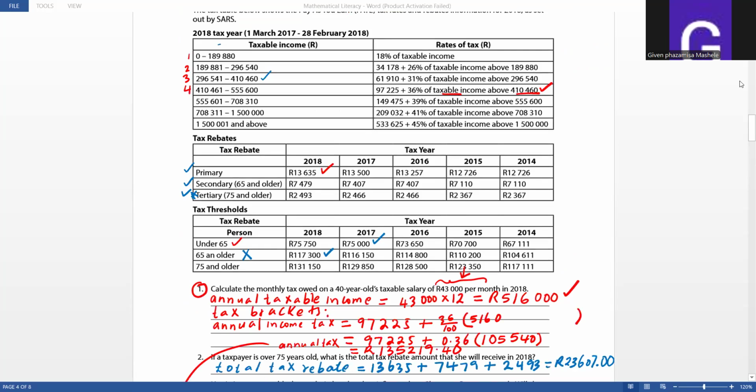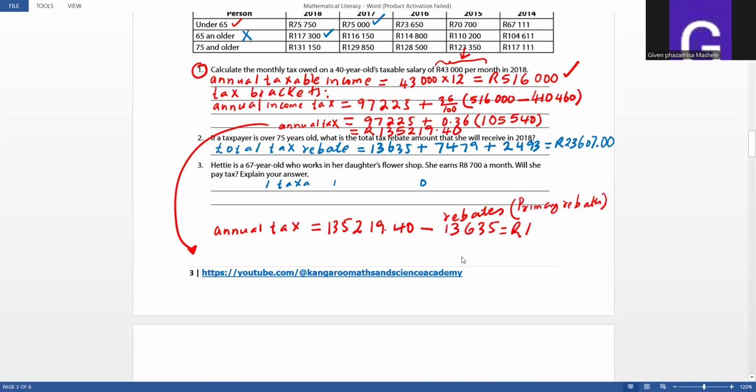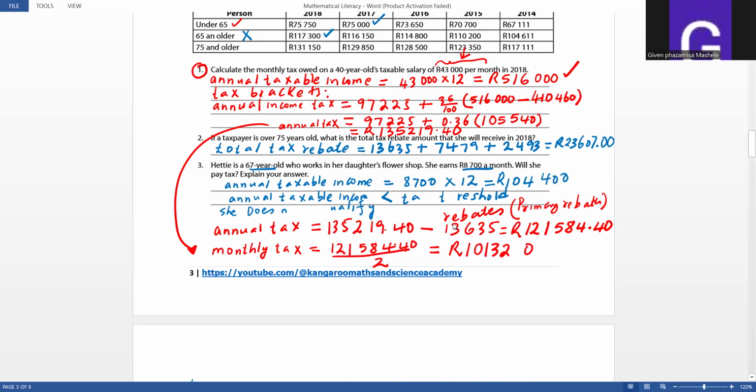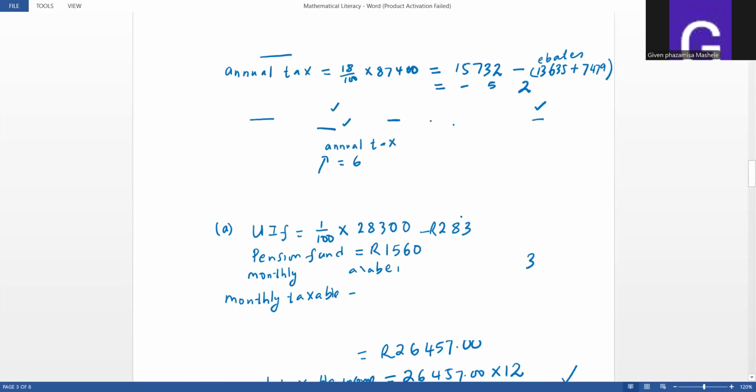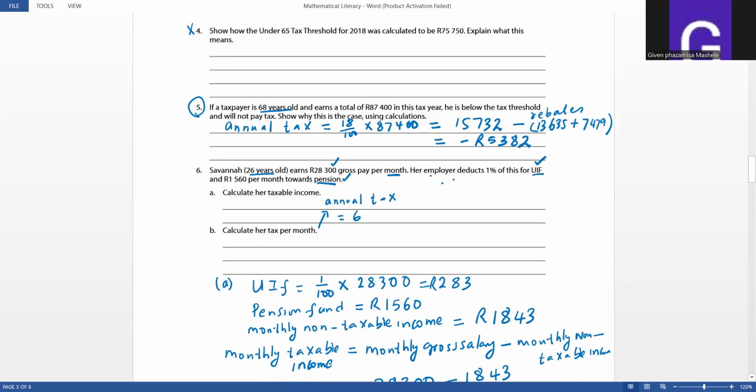Here's the amount. Let me copy, minimize for now, and paste here.